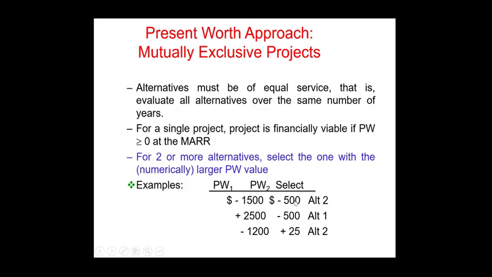So alternative 2 is better than alternative 1. And here we select alternative 1 because it has the larger value. And here we select alternative 2 because it's larger than alternative 1. That's the rule for selection. So select the projects.